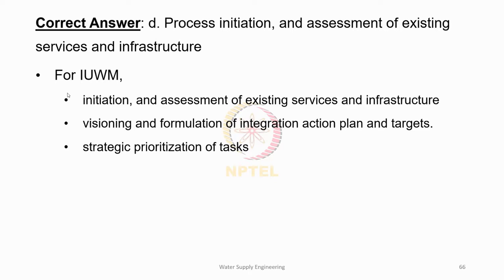So first we will understand the existing strength. Then we'll formulate the action plans, targets, aims and all, we'll set it up. Then we'll prioritize the task. We will arrange them in order of priority.